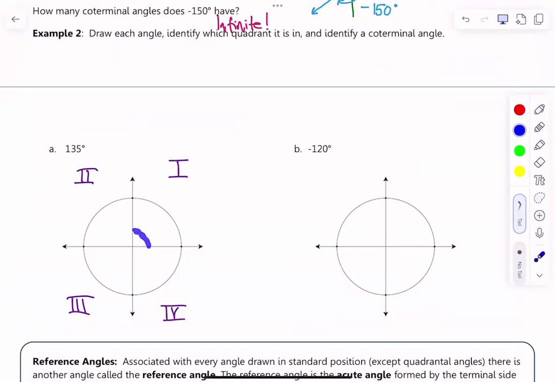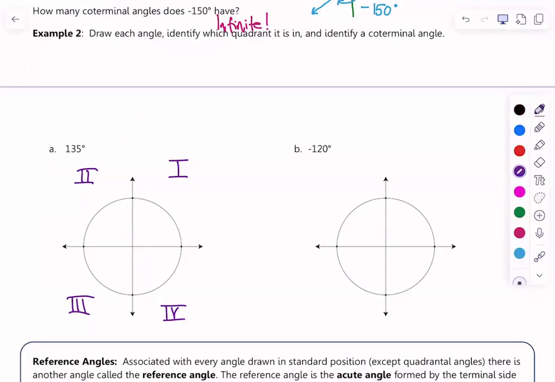Remember, from here to here is 90. Let's go around the circle. If I stop there, that's 180. That's another 90, so that's 270, and a full circle is 360. Now, if it's positive, I have to go counterclockwise, so it might have to be more than that 90. Halfway would give me another 45, because half of 90 is 45.